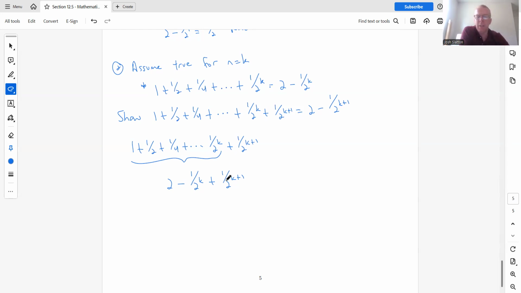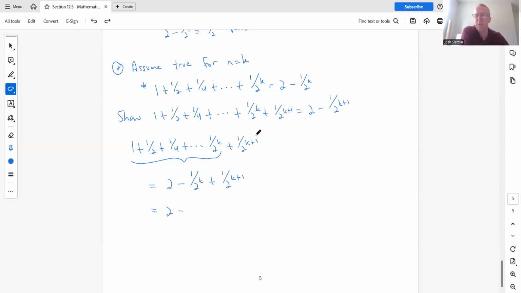Okay. So now let's see what we can do with these two. So 2 minus 1 over 2 to the k. Actually, what is the common denominator? The common denominator would be 2 to the k plus 1. This would be the bigger number of the two. So how do we make this denominator be 2 to the k plus 1?